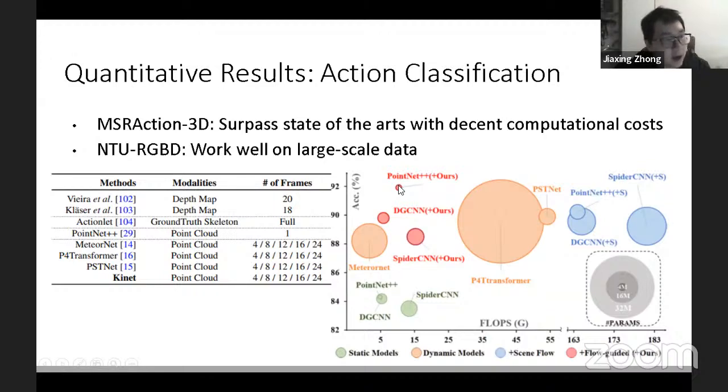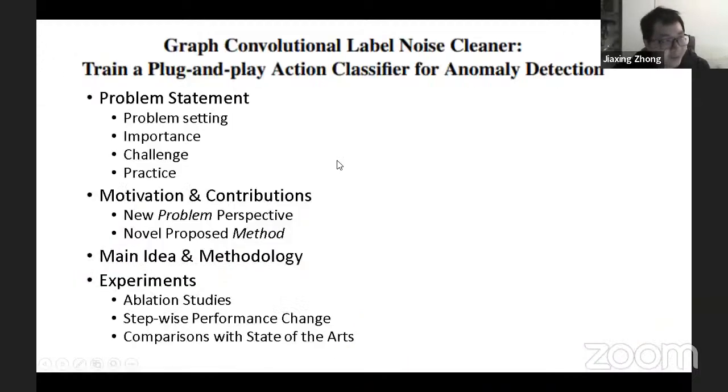We can see our models have high accuracies, but with fewer parameters and fewer FLOPs. And that is the end of our talk about work number one.